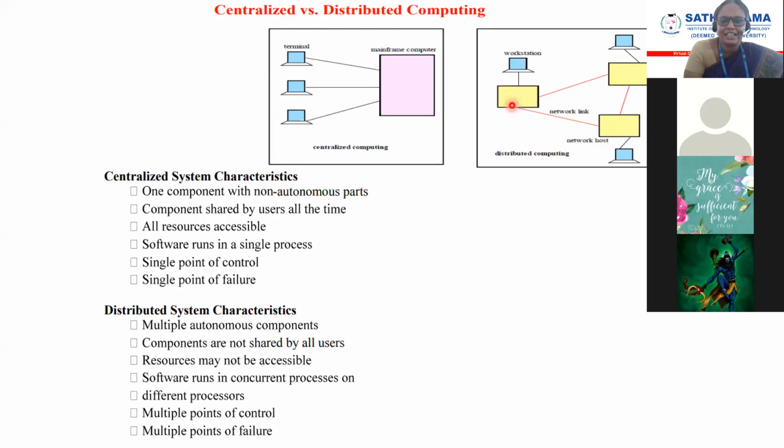But one disadvantage is that in the centralized system all the resources are accessible to all, but here whatever is available in a workstation is accessible only there. So the main thing is that different processors will be there.